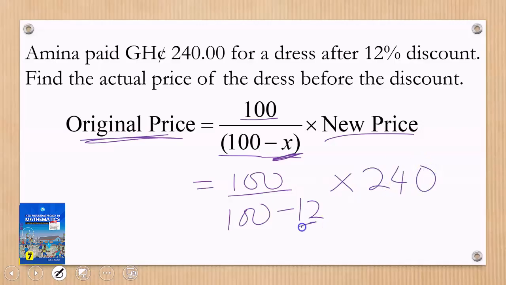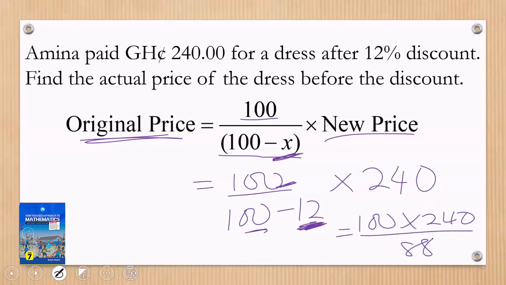Here the percent is just the actual figure of 12. You don't say over 100 again, because the over 100 is taken care of over here. So once again, if you do a simple calculation, you're going to have 100 times 240 divided by 88, and it will be the same as we did earlier.